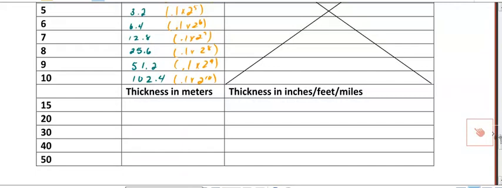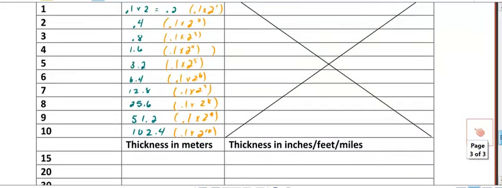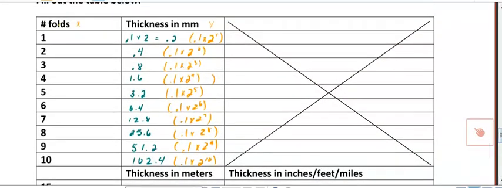So what I have next to our numbers, and I have it in orange, is a possible formula. What I notice is anytime something is continually doubling, it's exponential, and it's like 2 to a power. So when I did my first fold, it was 0.1 times 2, because I doubled it, which was 0.2.